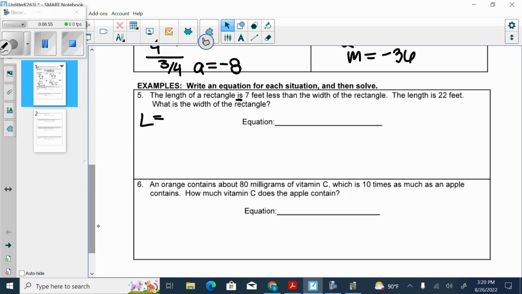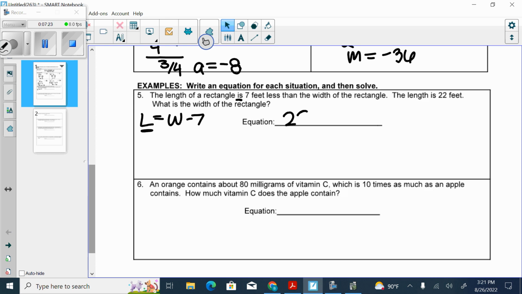7 feet less than the width. What does less than mean I need to do? Subtract, right? So I'm subtracting 7 from the what? Width. Very good. Okay. Then they also tell us that the length is 22 feet. So what should I do with that 22? Very good. I'm going to replace this with that 22.